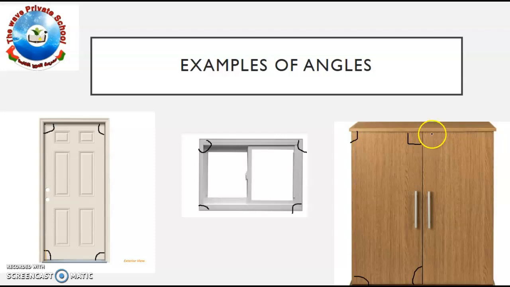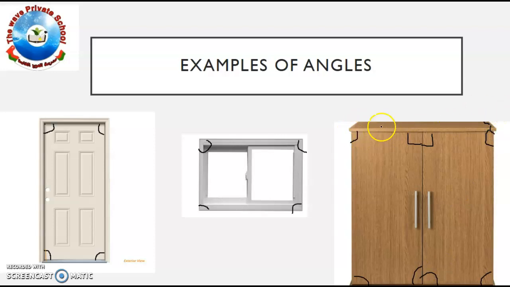Yes, you are right. Here is one angle because this is one line and this is the second line, and when two lines meet at their end parts, this forms an angle. Here is one line, here is a second line, the end parts meet, here is an angle, here is an angle, and here is also an angle. Here as you can see, there is an angle also on the upside.